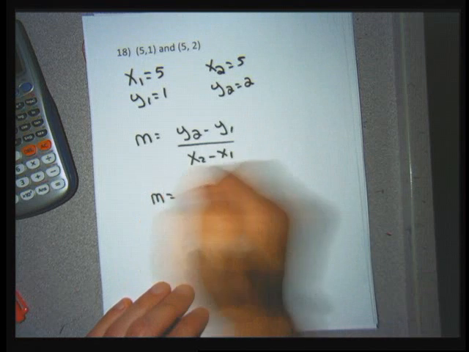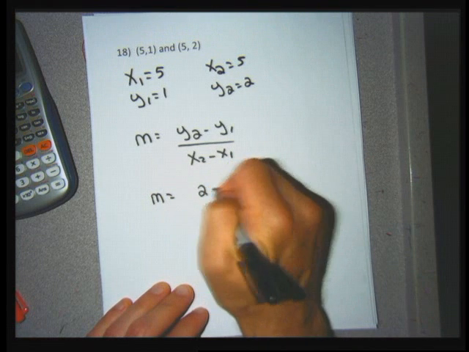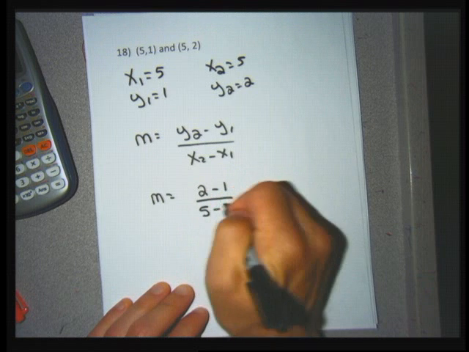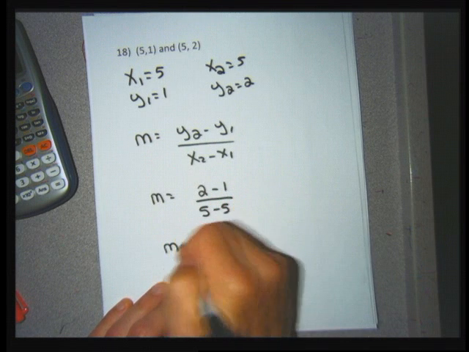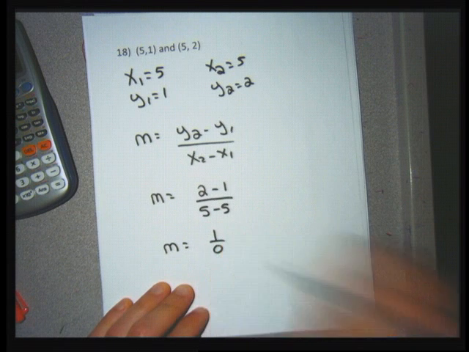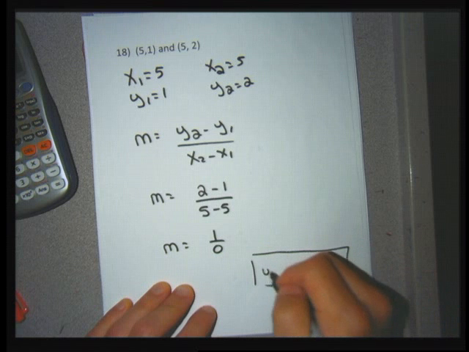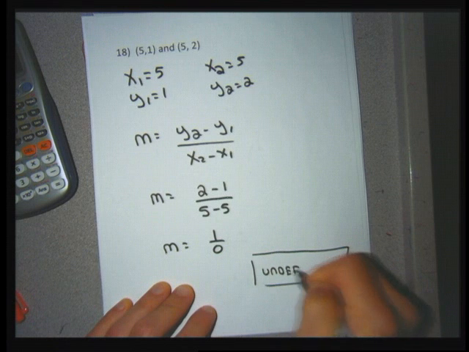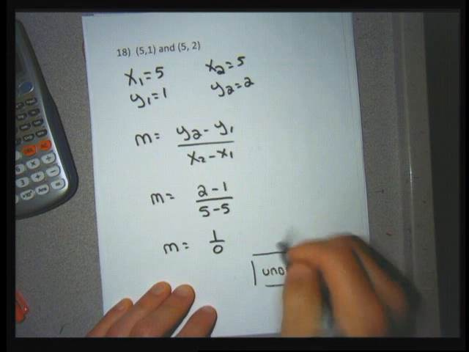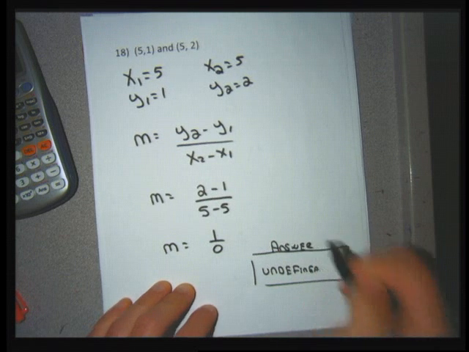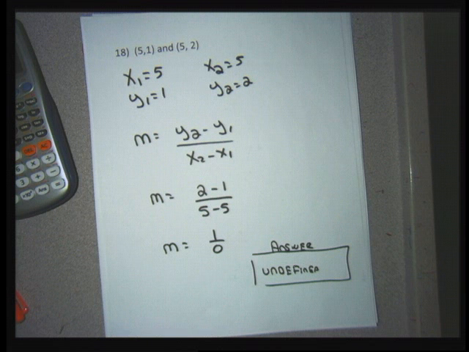For this particular problem, y2 minus y1 is going to be 2 minus 1. x2 minus x1 is going to be 5 minus 5. When I do this, I'm going to get 1 over 0. The correct answer for the slope of the line that connects those 2 points is undefined. It's going to be a vertical line, actually. If you wrote 1 over 0 in for your answer blank, I'd probably take a point off because that's not the best answer that you could possibly write.